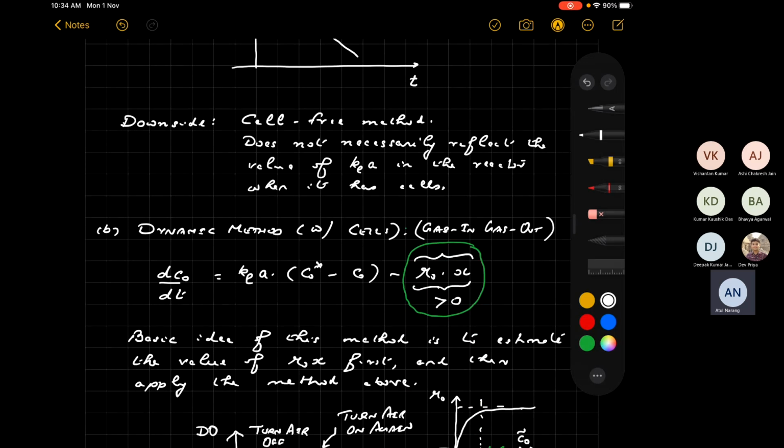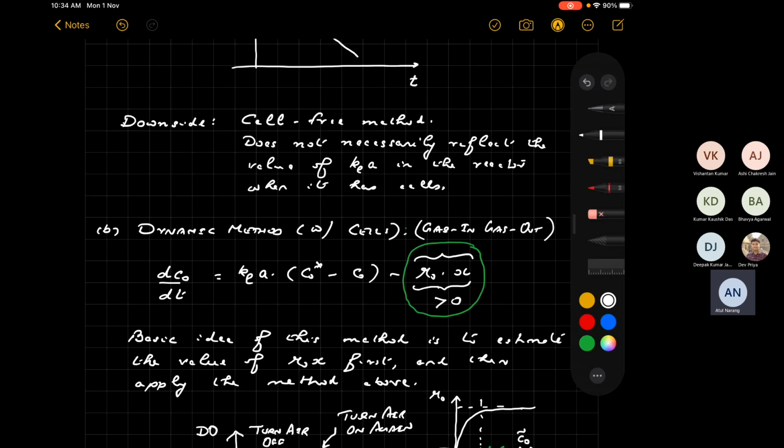And whether the experimental conditions satisfy the model or not has to be asked. The first thing that is not satisfied is that we are assuming that as soon as we switch, for example, from nitrogen to air, instantly everything becomes KLA times CO star minus CO.